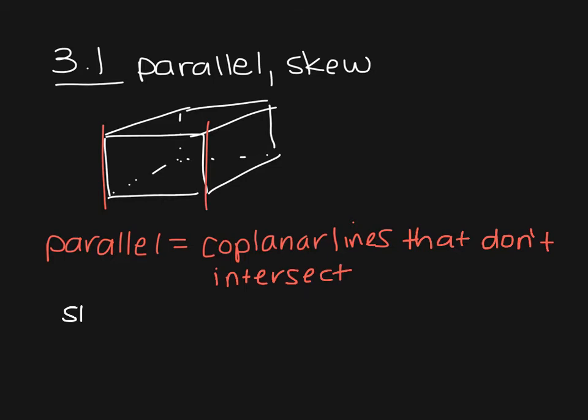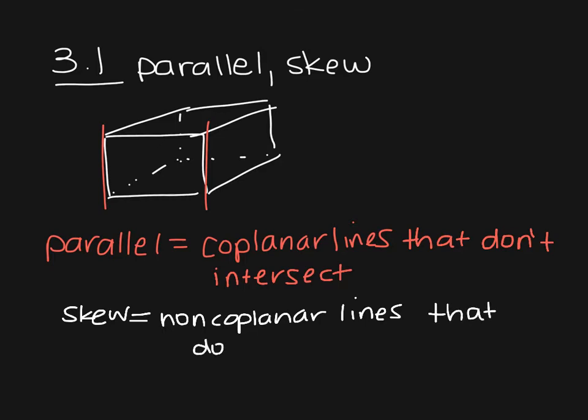And then you had skew, which was non-coplanar, but they also don't intersect. So something like the front corner of this box and then the back corner running vertically and horizontal, those would be non-coplanar and they never intersect.